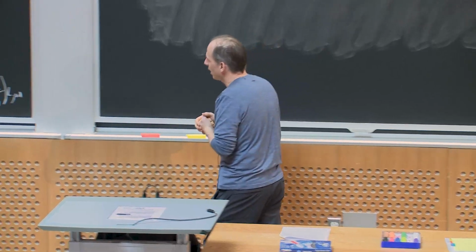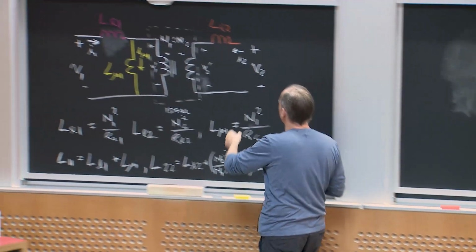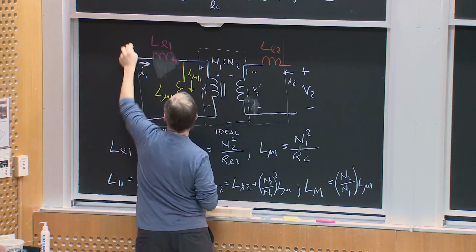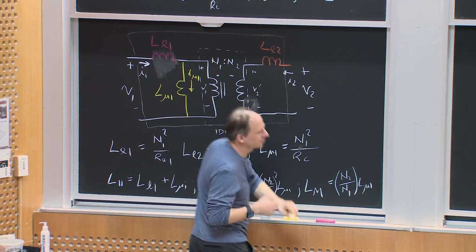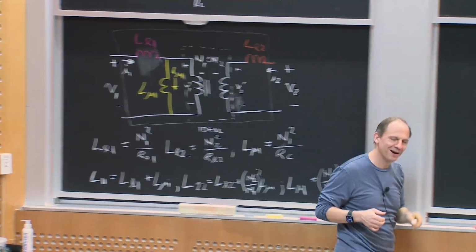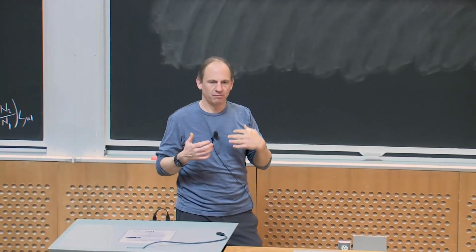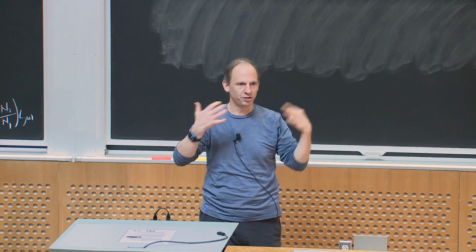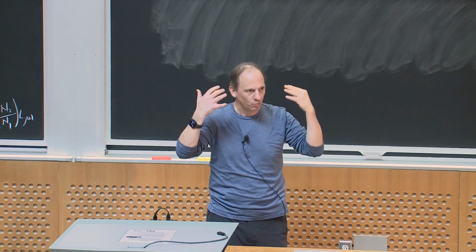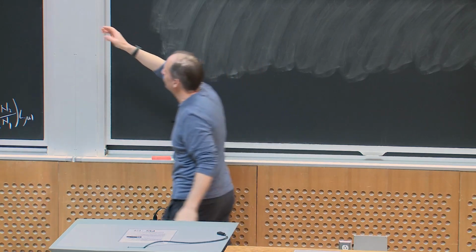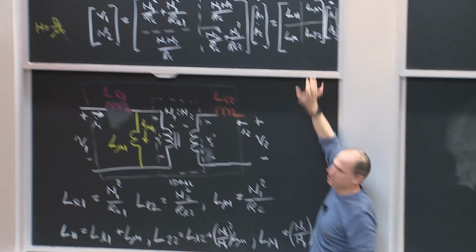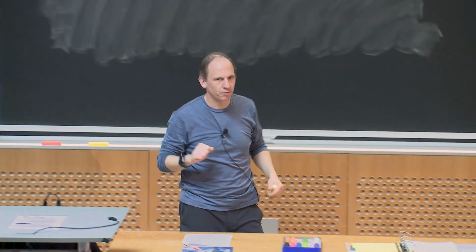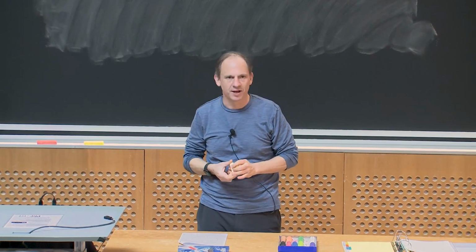But recognize that if all I cared about was matching the terminal relations, I just wanted a black box inside my white box that mapped voltage and current at terminal port 1 and voltage and current at port 2, that's fully captured by this inductance matrix description. Now, how many independent parameters does my inductance matrix description have?